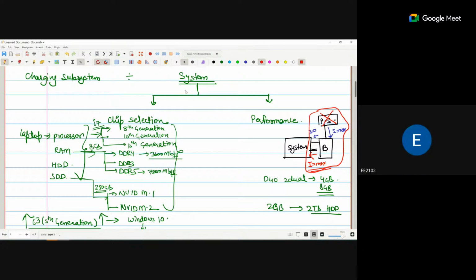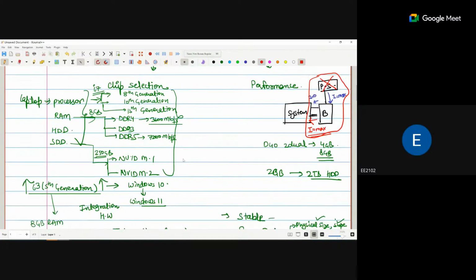For a subsystem, defining two things is very important: one is the chip selection and the other is the performance. Now we are taking some examples of why chip selection is important.